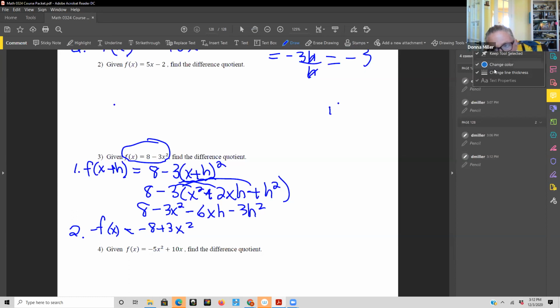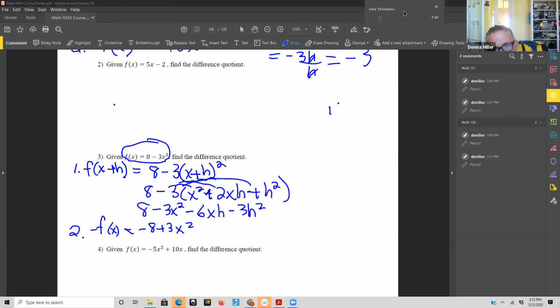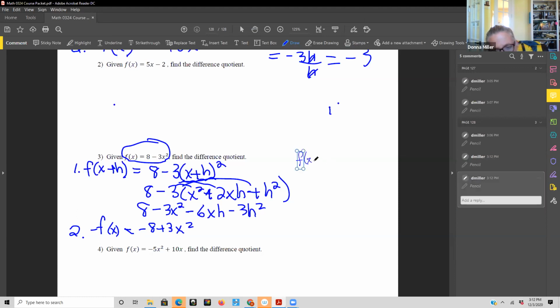This one is really thick. That should be better. All right, so now the difference quotient is f of x plus h minus f of x over h. All right, so f of x plus h would be the stuff right here.